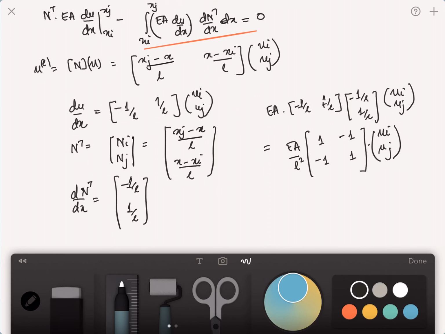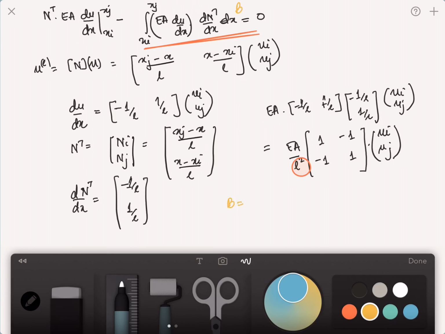Now if you put this back into this highlighted equation here, then it has to be over dx, and dx of course from xi to xj is going to equal L, so one of the L's here will be removed. So for this term alone, let's call this term b.